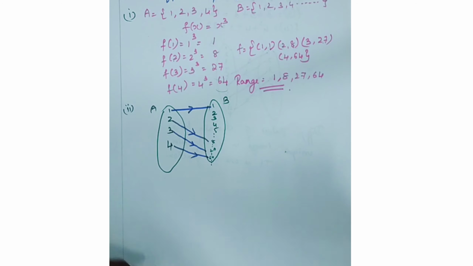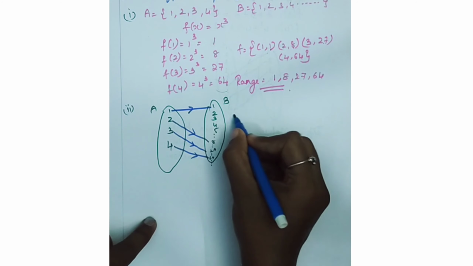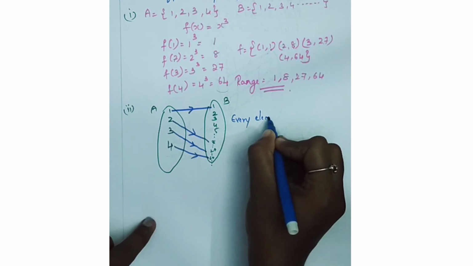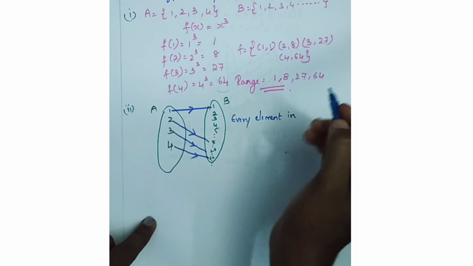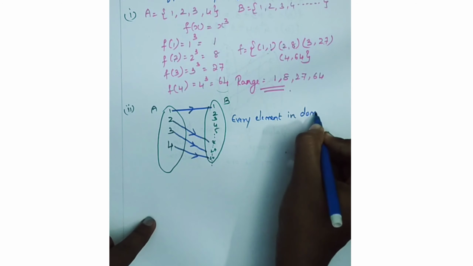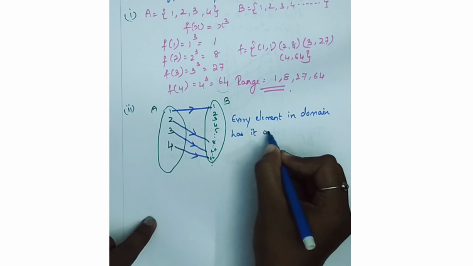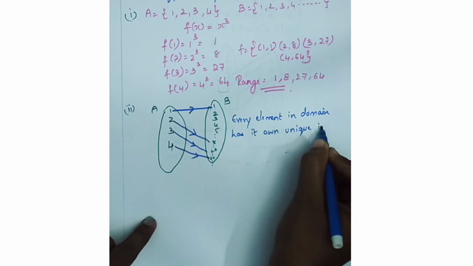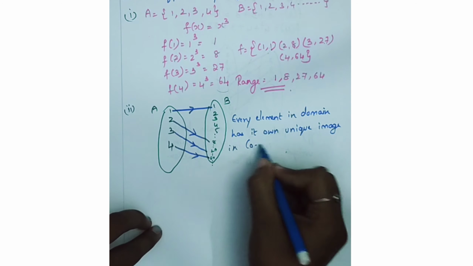So just mention there, every element in domain has its own unique image in codomain.